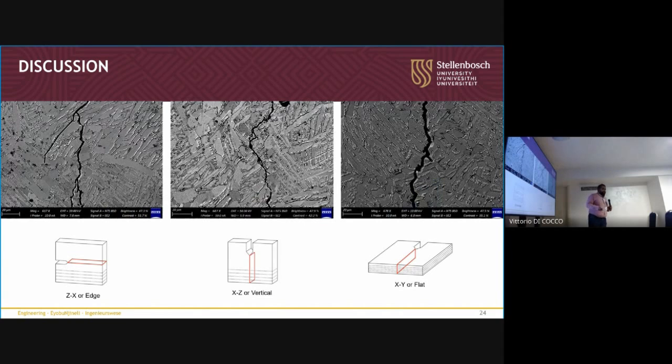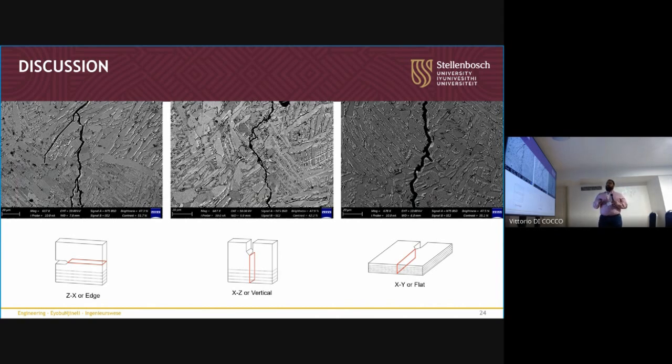I need to wrap up, so I did some tests on the bimodal microstructure. In this case, we end up with larger grains of beta phase. In both cases, the beta phase is more ductile than the alpha phase.